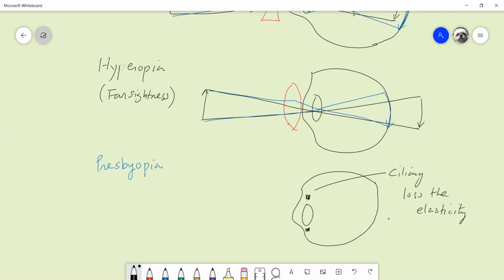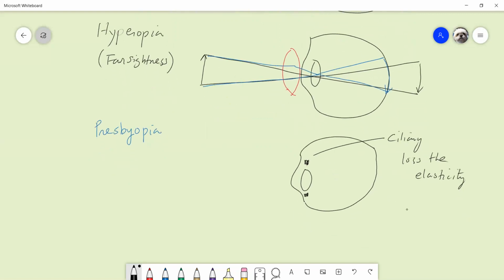So in this case, presbyopia has the same optical deviation as hyperopia. What does that mean? It means I have an object close up.